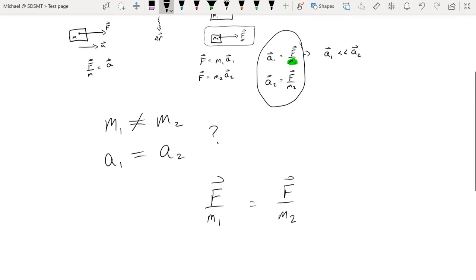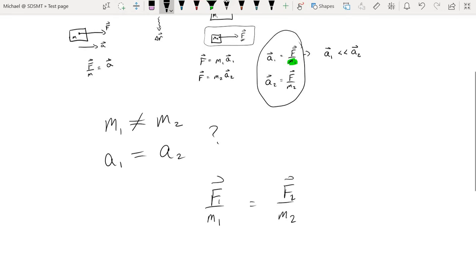And if that's the case, if we keep the forces equal, there's no way that we can achieve this equality. The only way that we're going to be able to achieve an equality is if we have separate force values that are acting on each of these masses.